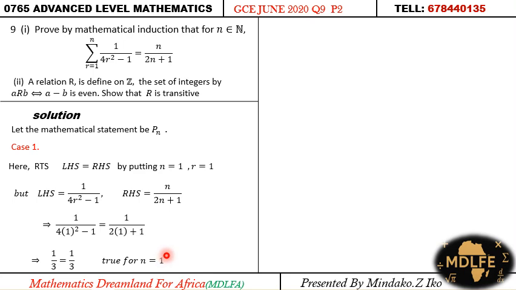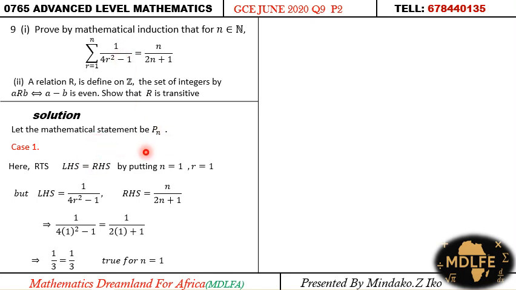Some students might complain about why it is not true for r equals 1. It cannot be, because the question is asking for the proof for n in N, not for r in N. Some students just take n equal to 1 at the first stage, but you cannot go like that, because we have n on the right hand side and r on the left hand side.